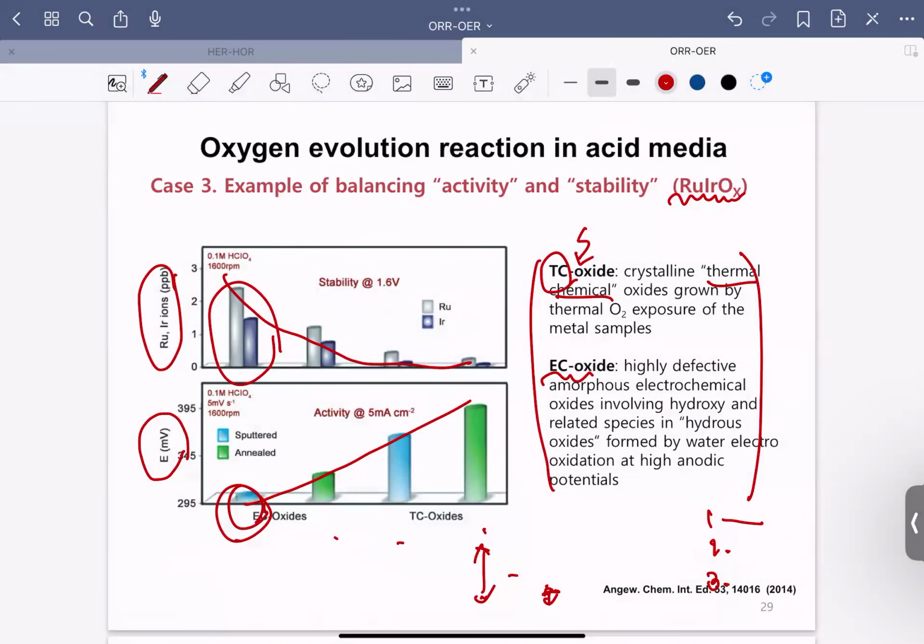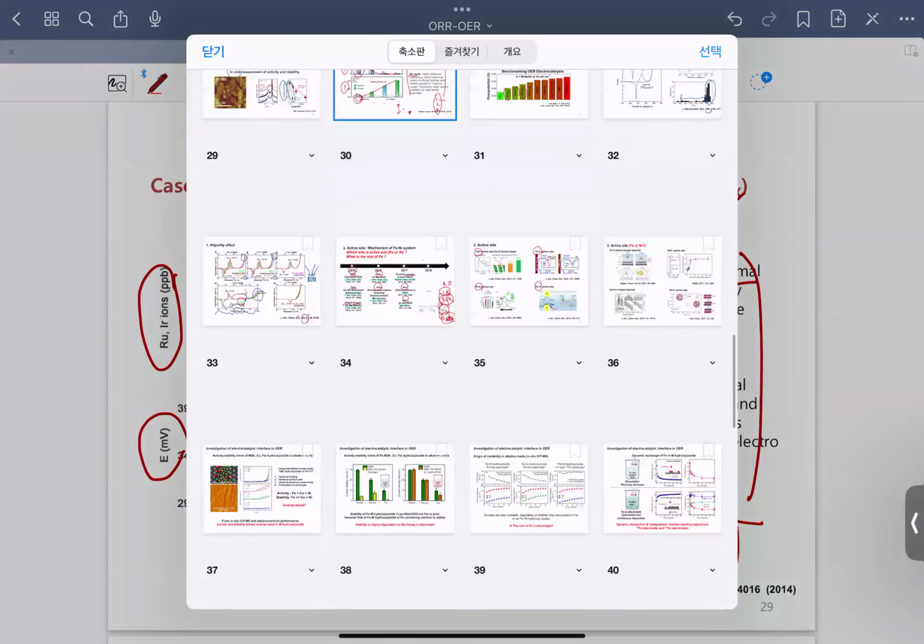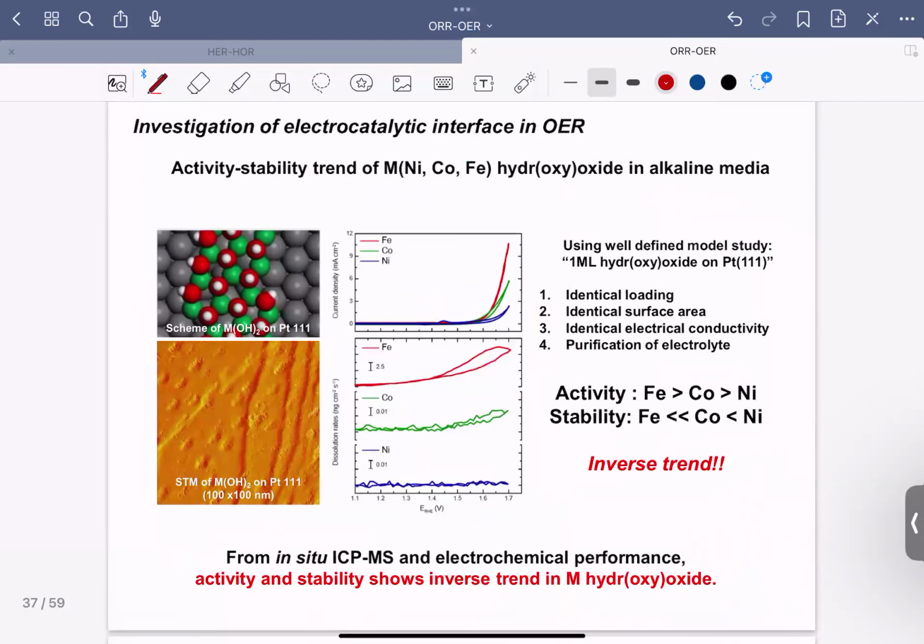We confirmed, based on the previous study, that nobody knows in detail, but as a rule of thumb, it looks like an activity stability inversion trend in acidic media. So my supervisor asked me to figure out whether there is any relationship in alkaline media. I would dive into the monometallic system because this is the easiest way to compare the trend between activity and stability.